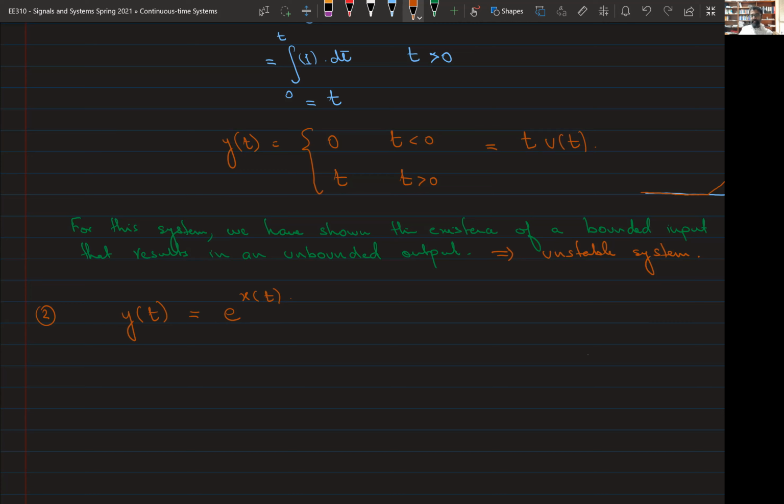What this system is saying is that at any time t, whatever the value of x is, the output is e raised to the power of that value. And if that value of x is bounded, what do you expect e raised to that value to be? Would you expect that to be unbounded? Oh sir, yes, I understand now. Never. Sir, I see what mistake I was making. Never.